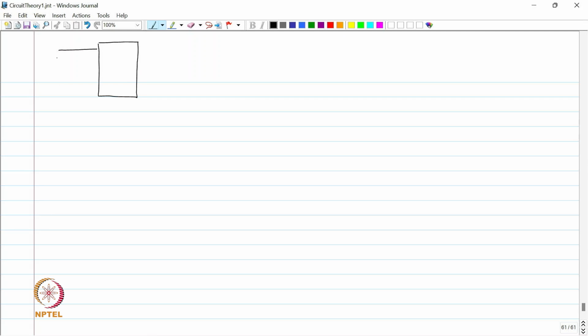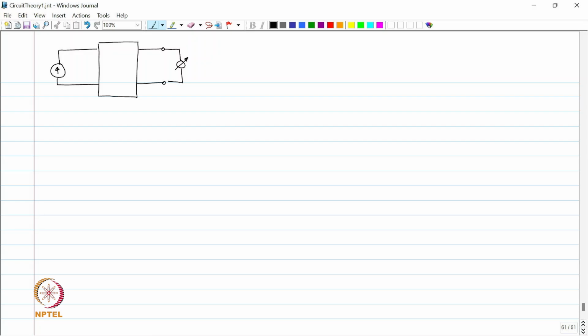So, we are going to do two experiments, right. In the first experiment, we are going to apply a 1 ampere current source, all right, and we are going to measure the current over here with an ammeter.